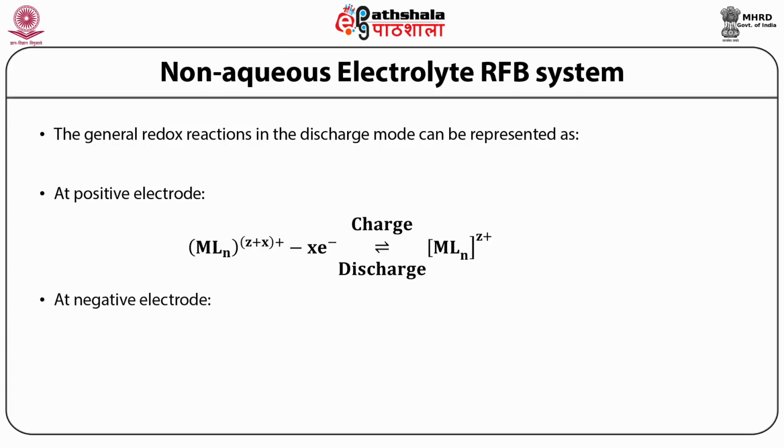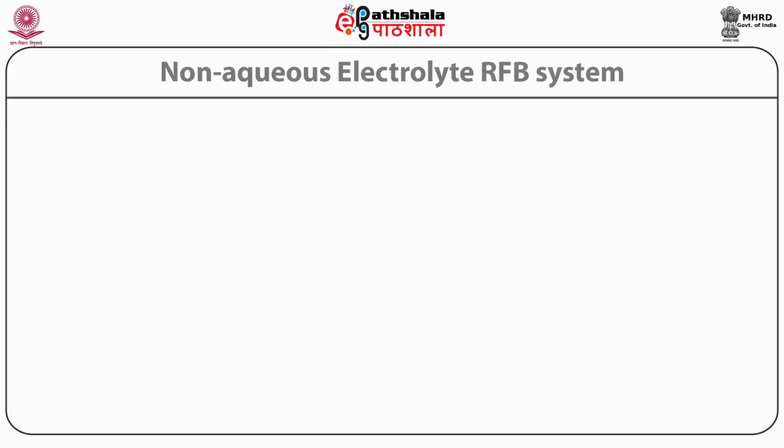At the negative electrode, M L_n z minus y, plus y electrons, charges or discharges to give M L_n z plus, where M is a transition metal, L is a ligand, and n is the number of ligands.